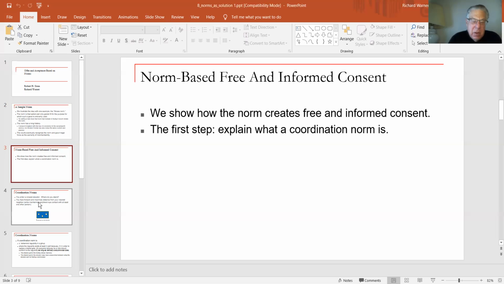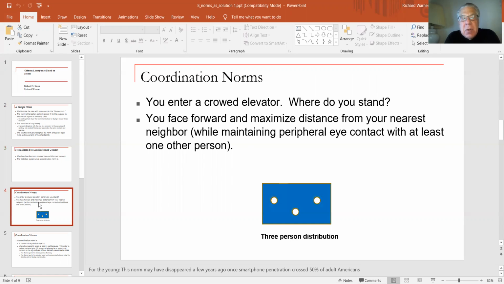One of the interesting things about this norm is that we're all already familiar with it. You're familiar with it from elevator use, at least before the pandemic. Since we're holding this course in the middle of a pandemic, elevator use has changed. Think of before the pandemic, you're getting into an elevator, there's some other people in there.